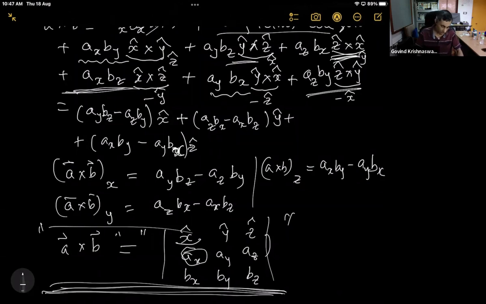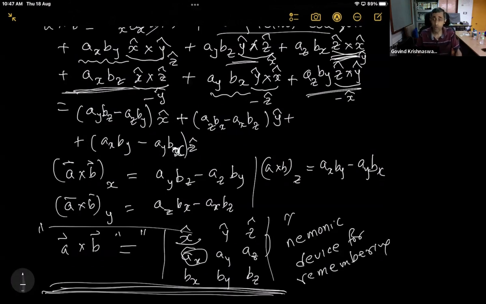So I would like to regard this as a mnemonic device for remembering or quickly generating the answer. It is not a substitute for deriving the answer. So I make this distinction.